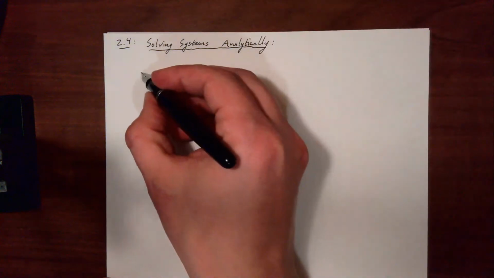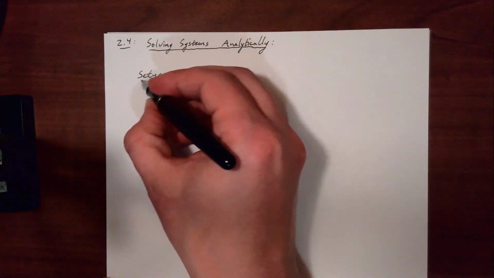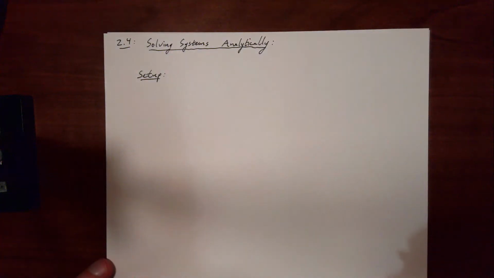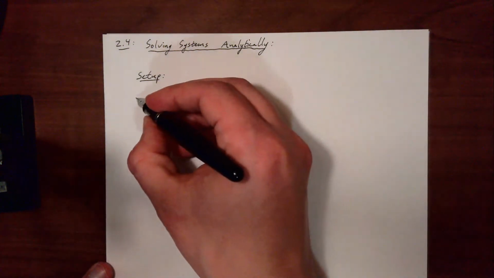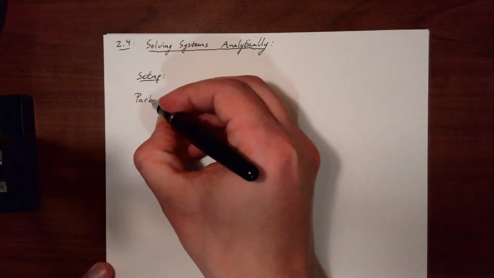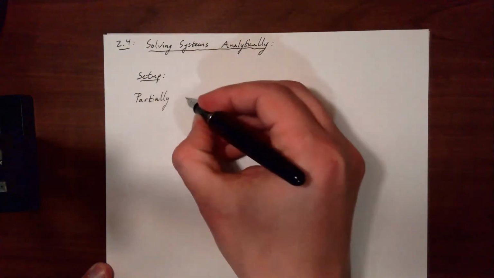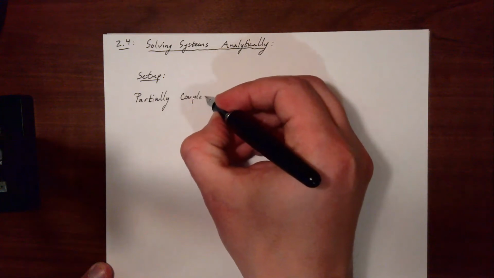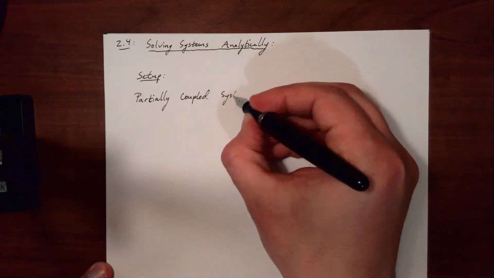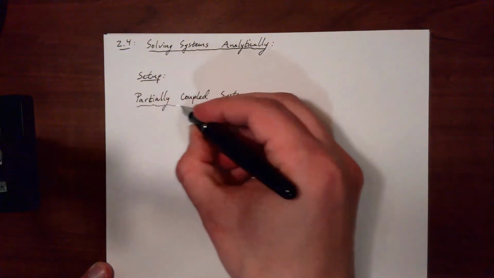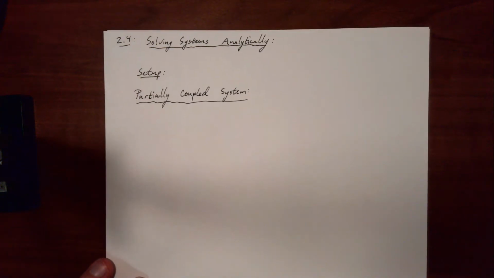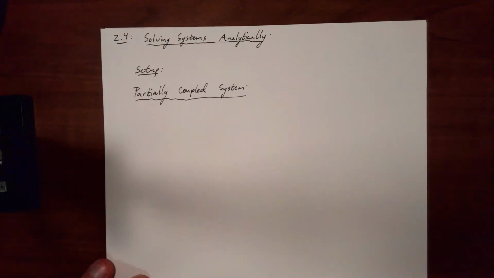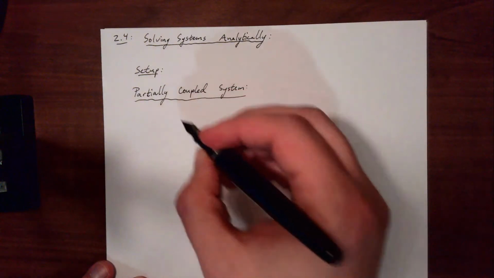All right, so here's the setup. What we are going to be focusing on to begin with is a category of what are called partially coupled systems. And what this refers to is the fact that one of the variables may depend on the other, but the other stands alone.